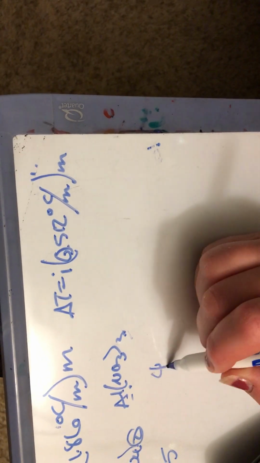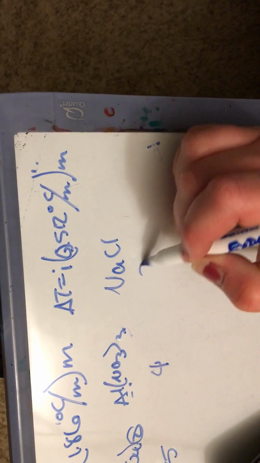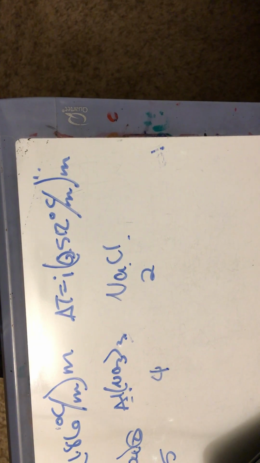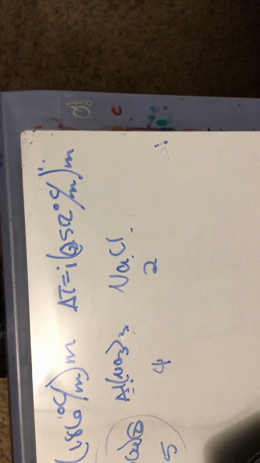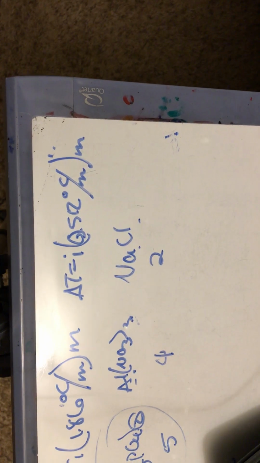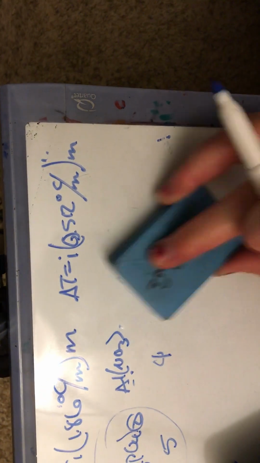So this is 4. And NaCl, which is 2. 1 and 1. So which one would protect against more? Of course, this one would, because it has more ions. Okay, then we have 2 more to go, because of that equation right there, that multiplies by the ions.